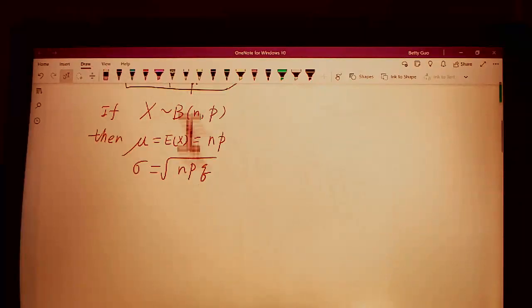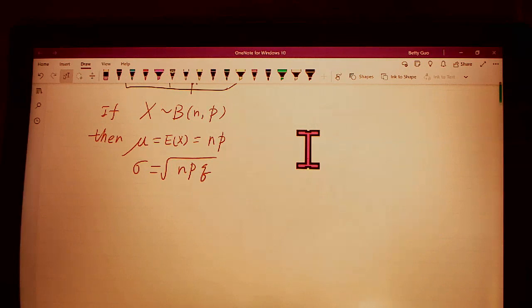Suppose x follows binomial distribution. There are 2 important parameters in a binomial distribution, n and p. N and p are the only 2 parameters that matter. N here is the number of trials.